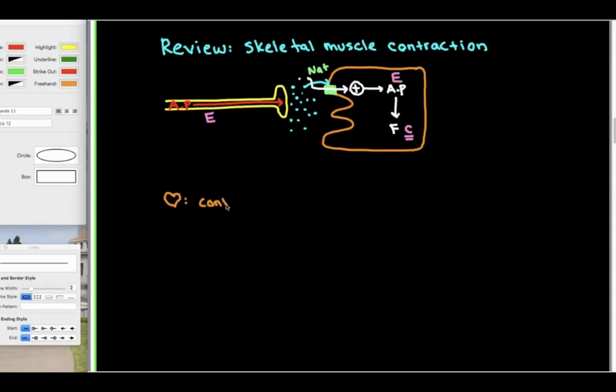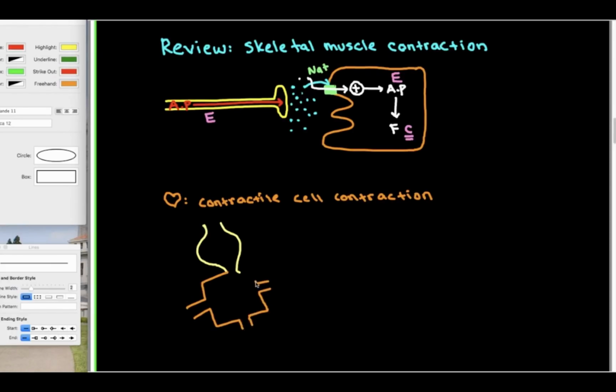So in cardiac muscle, we're going to have that same excitation, contraction process, but the cells are going to look a little bit different. So instead of our motor neuron, we're going to have an autorhythmic cell. They're going to be the ones responsible for generating that first excitation. They're then going to be connected to a network of contractile cells shown here in orange, the ones that actually generate force.